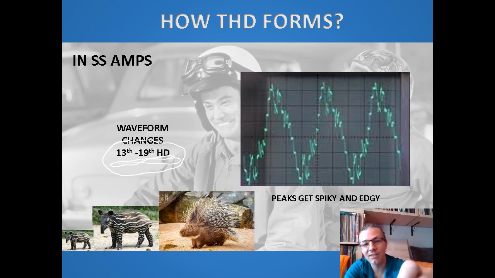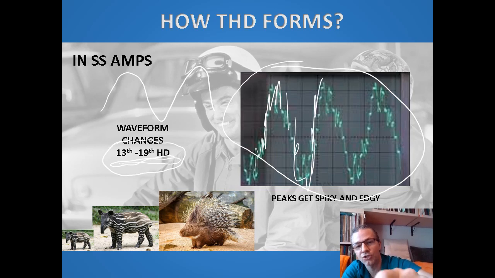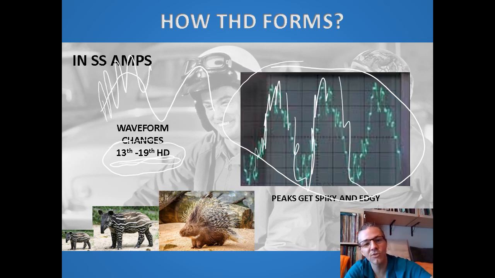So this is what I show you here. This is how solid state distortion may start to look, that you have a nice sine wave, and instead of the sine wave it starts to get peaky. So you have these peaks starting to show up and riding on your waves.